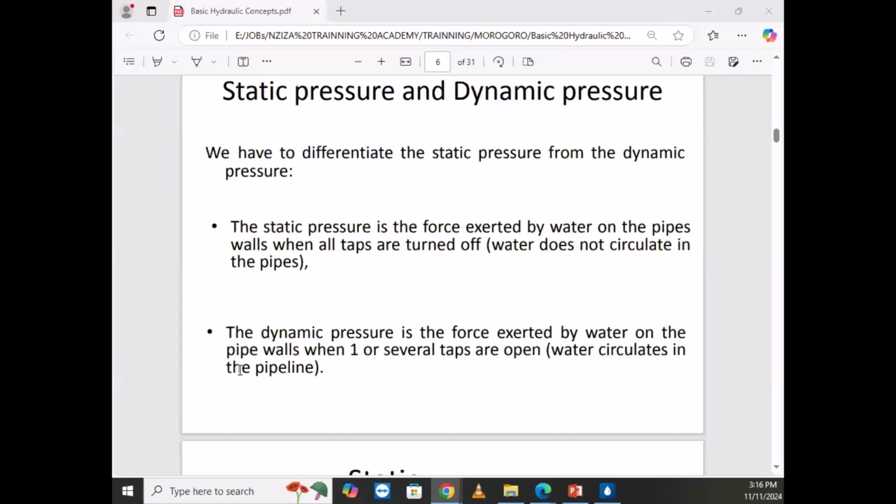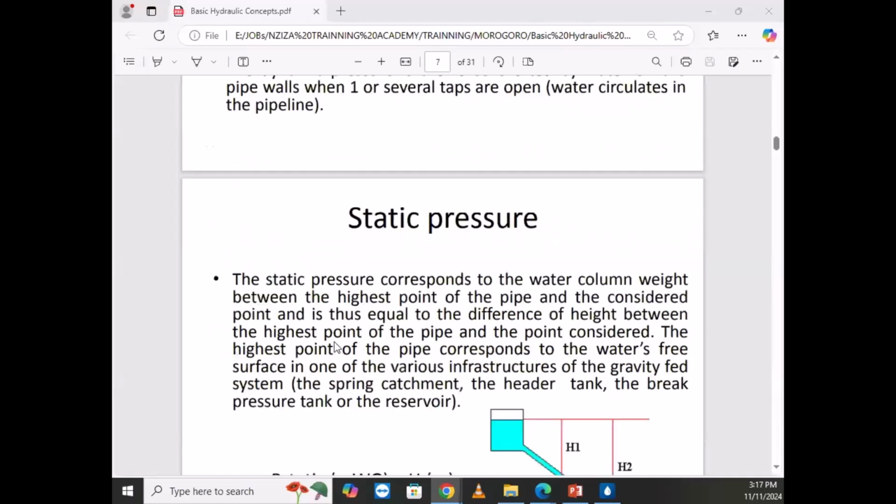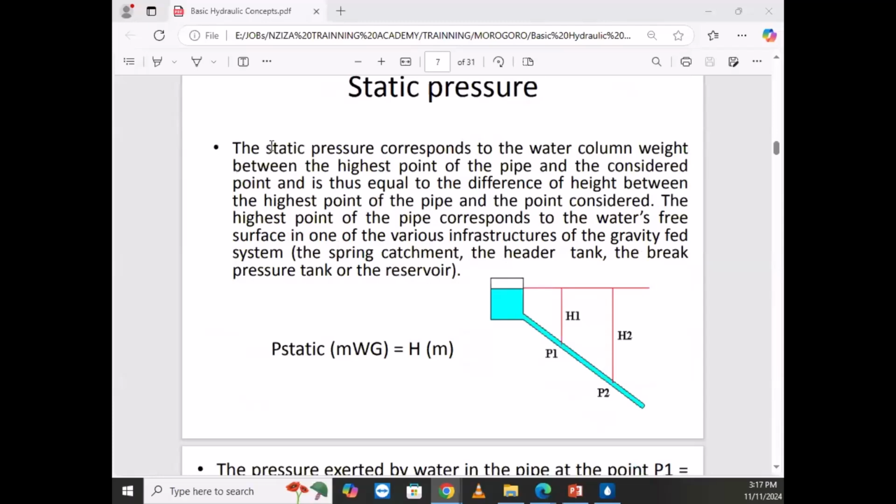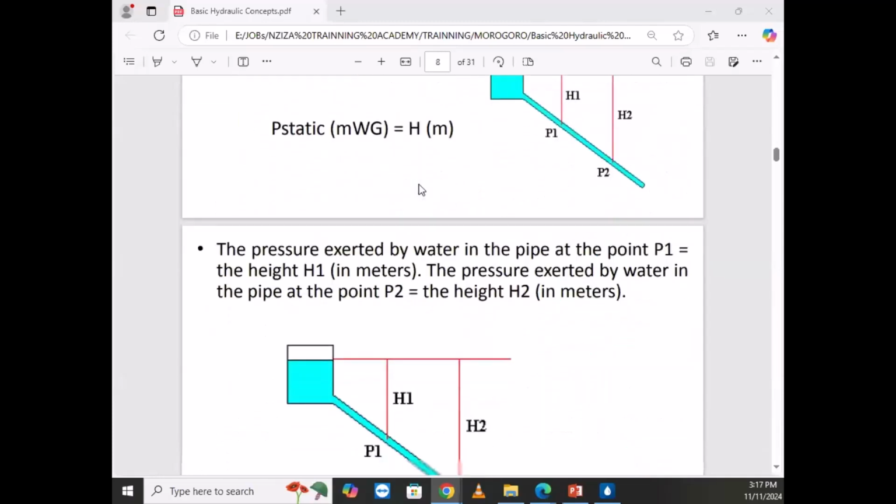So we now start going down. This is the dynamic line, this is the static line. The difference. Here they are trying to explain what is static and what is dynamic.